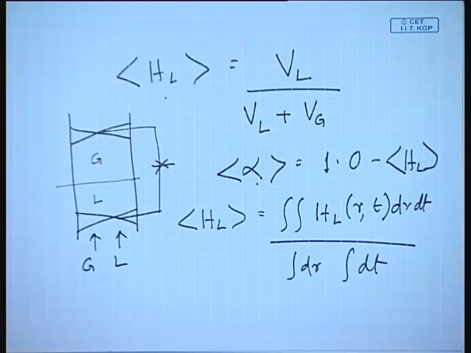Now, remember that usually we assume one dimensional flows. For most of our cases we assume one dimensional flow. What is this one dimensional assumption? Can you tell me? Exactly. It means that all the properties vary in the direction of flow and there is no variation across the flow.